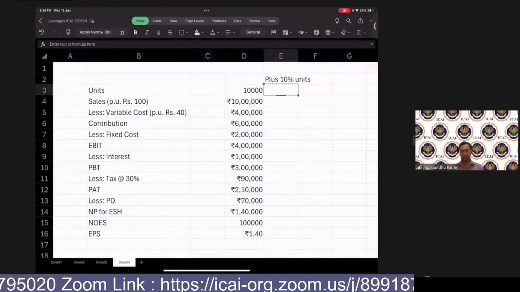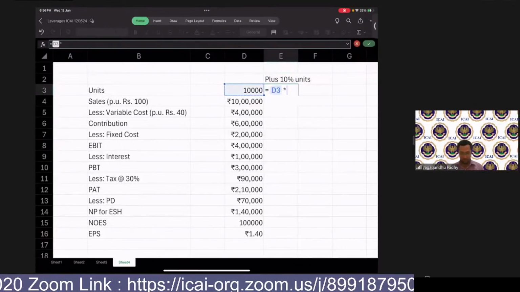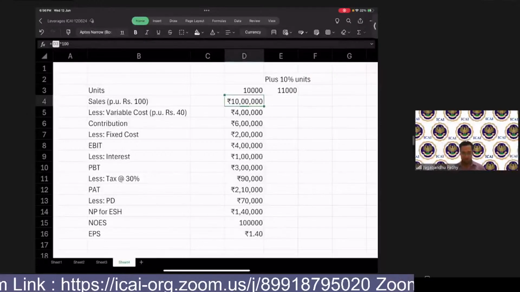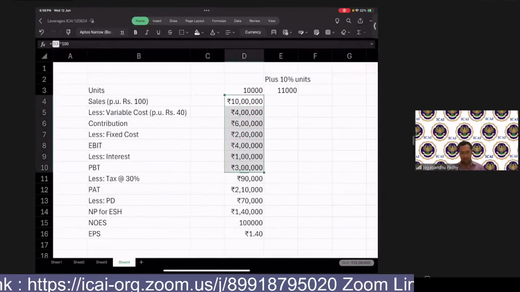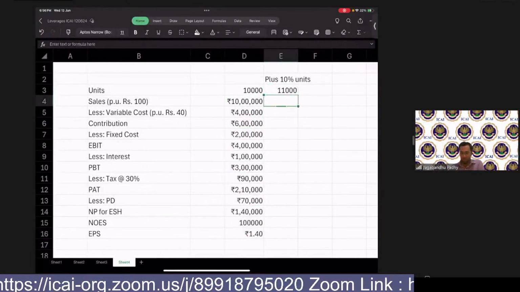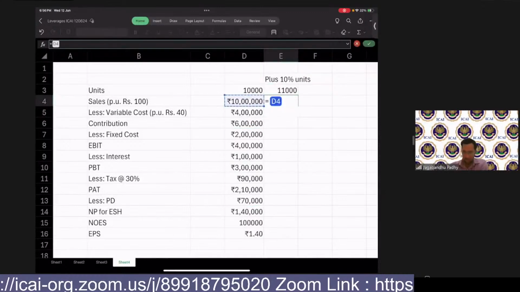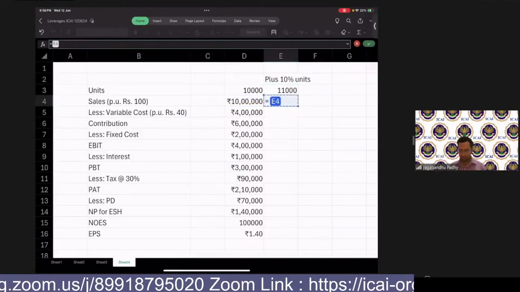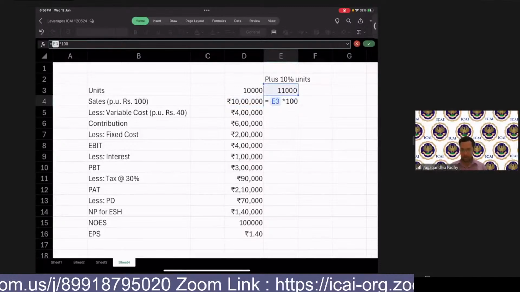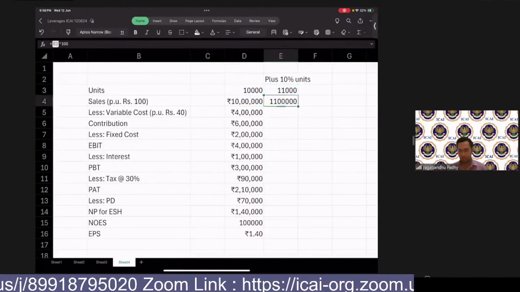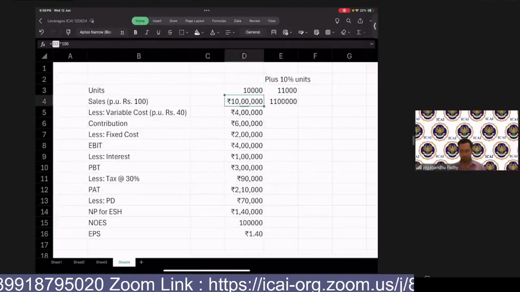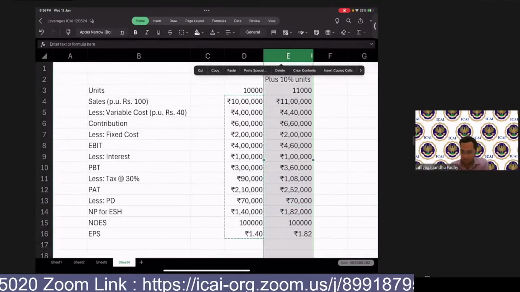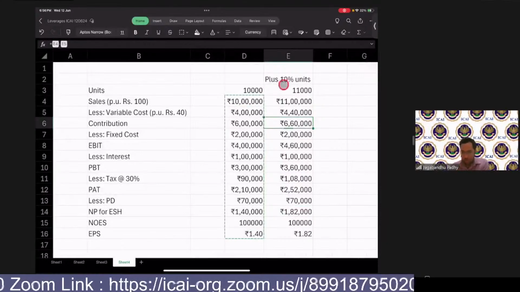EPS is 1.4. Now if I change the number of units by, let's say, plus 10%, additional 10% units, 11,000 units will be sold. So according to our sales, all these figures are also going to change: 11,000 multiplied by 100 is your sales, 11 lakhs.